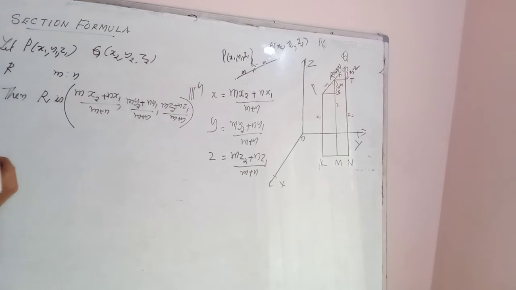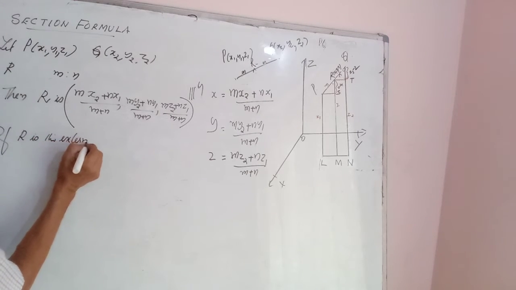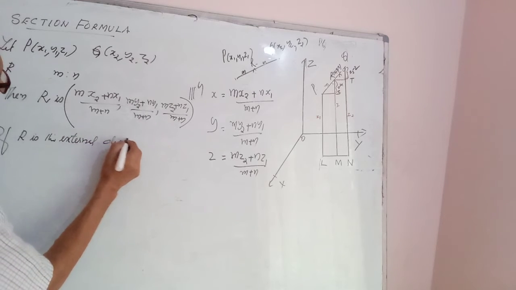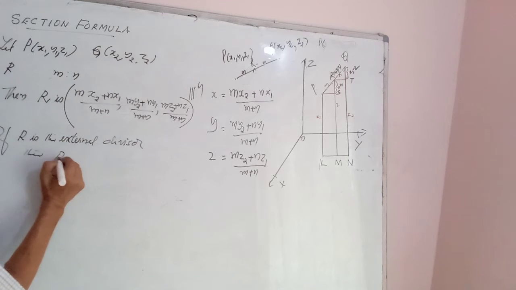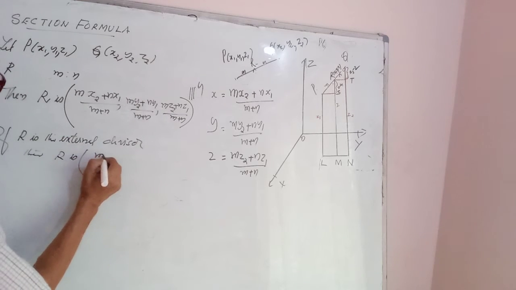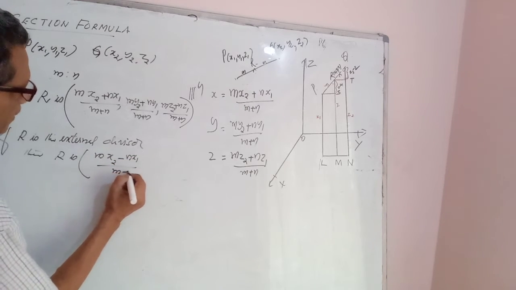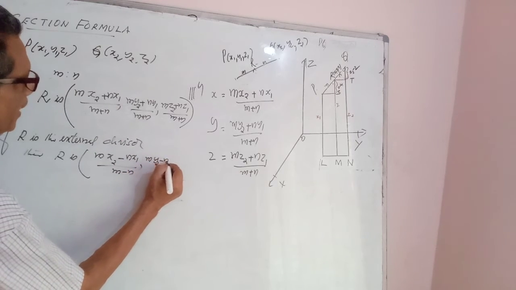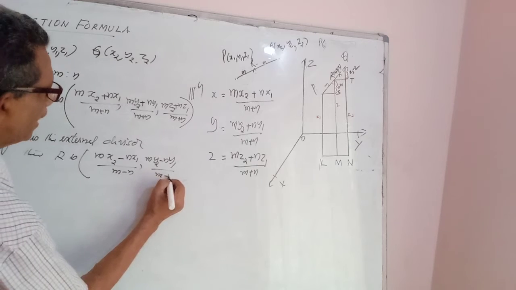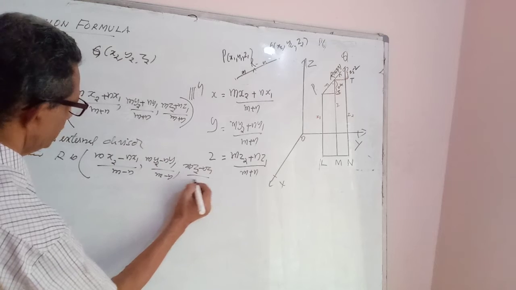So if R is the external divisor in the same ratio m is to n, then R is (m x2 minus n x1) by (m minus n). Wherever there is n, just put minus. Same here also, (m y2 minus n y1) by (m minus n). Last, (m z2 minus n z1) by (m minus n).